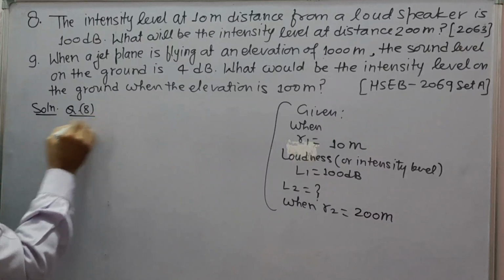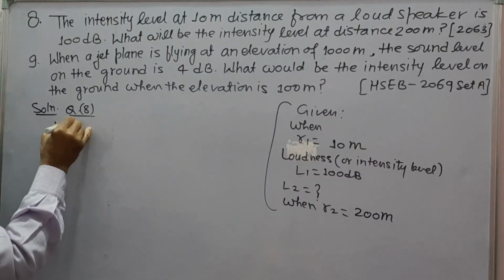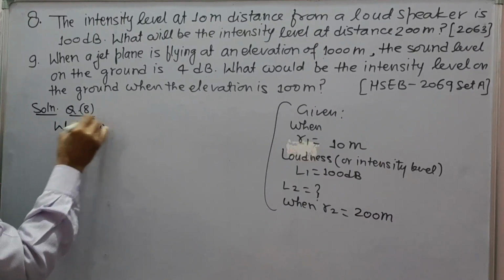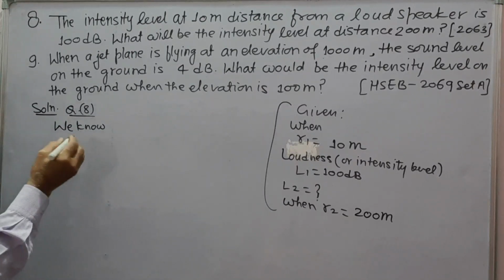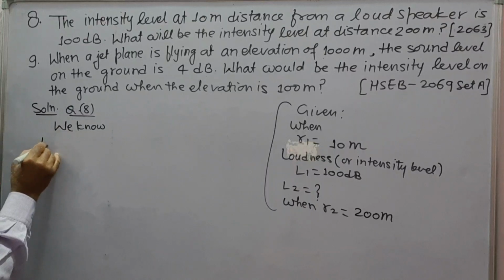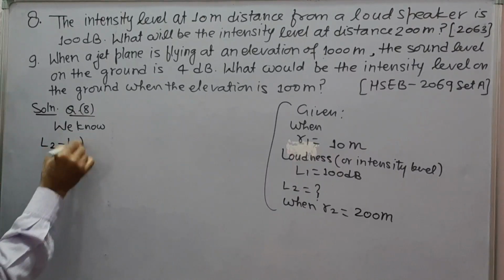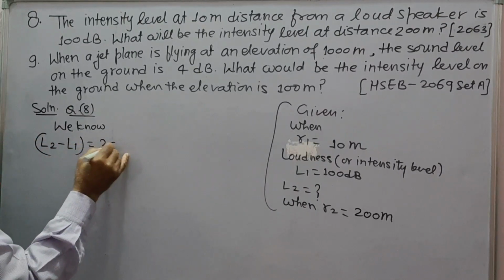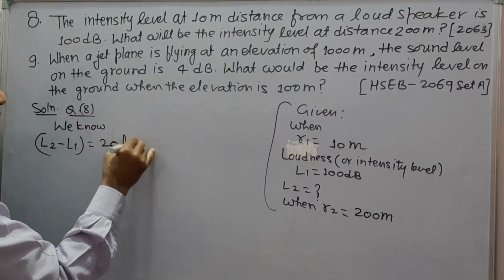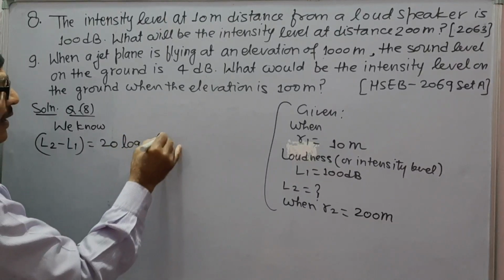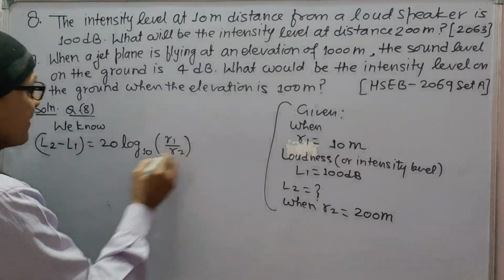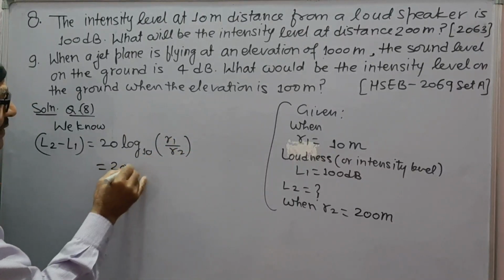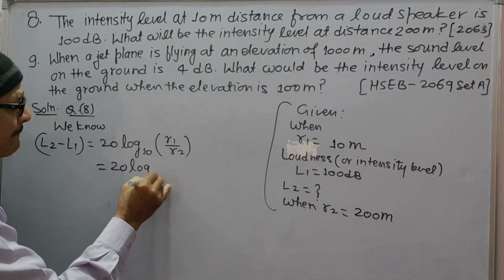We know the difference of two intensity levels in decibel is given by the relation L2 minus L1 is equal to 20 log base 10 R1 upon R2.